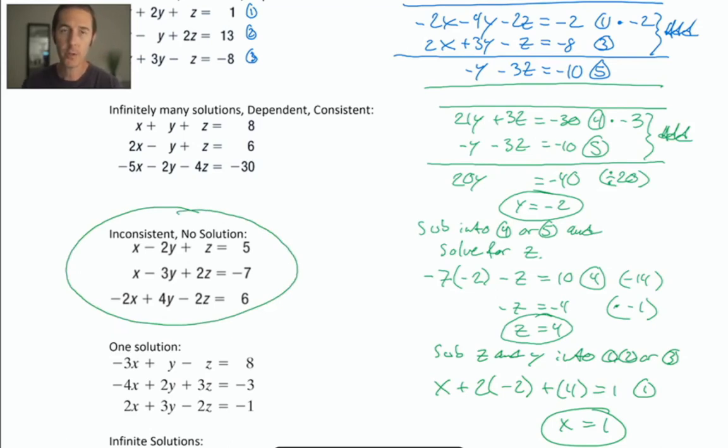You'll know that you've encountered an inconsistent system if you work through the process and at some point arrive at a statement that says something like 0 equals 3. You should include that in your notes. It looks very similar to when you have no solution when you're working a system of 2 equations.